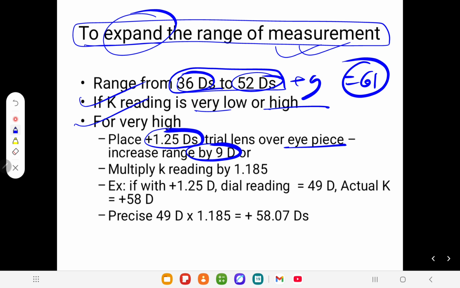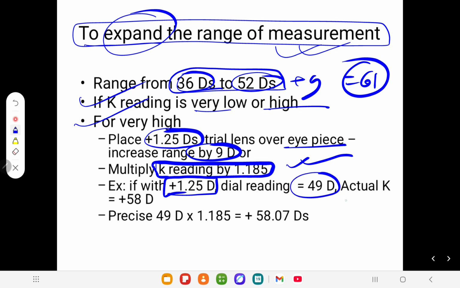Okay, another factor: we can measure the K value with the 1.25 lens, and whatever reading we get we multiply by 1.185. Just remember this factor, 1.185. Sometimes it's asked in MCQs. Okay, suppose for example we put the 1.25 lens in the eyepiece and we dial 49 diopters. Actually it's 49 into 1.185, which is approximately 58 diopters.